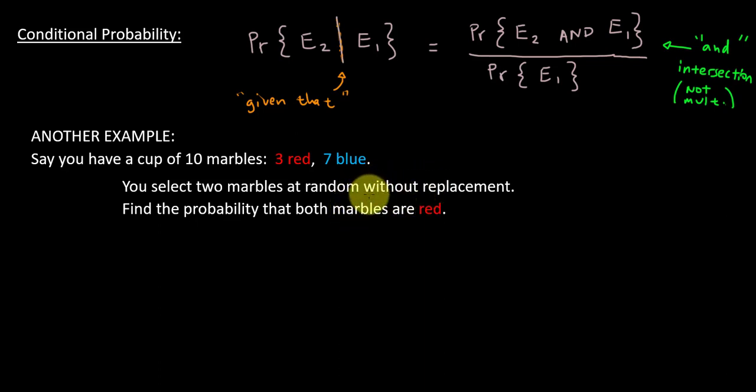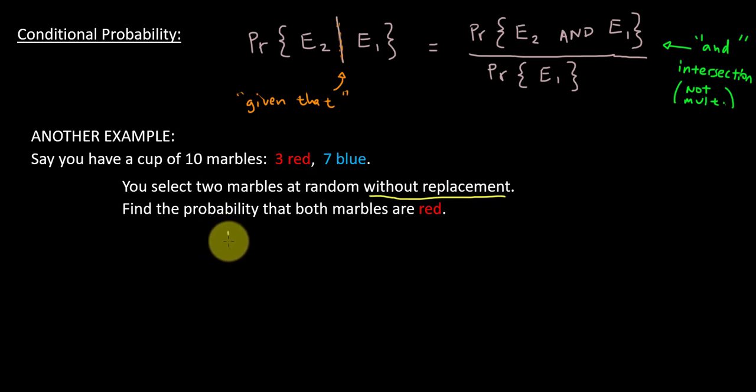So that means that when you select the first one, you throw it out the window, it's gone. And then you select the second one. Okay, let's find the probability that both marbles are red. Again, we're going to use our intuition here before I blast you with a formula.